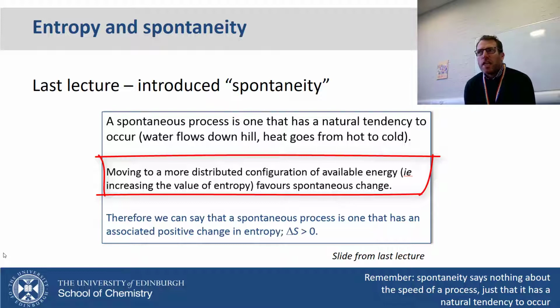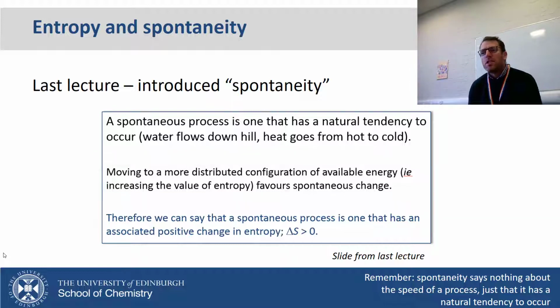So there is no change in energy when we're talking about entropy change, but we're just talking about the distribution of available energy and how it can be distributed among lots of states of equal energy.